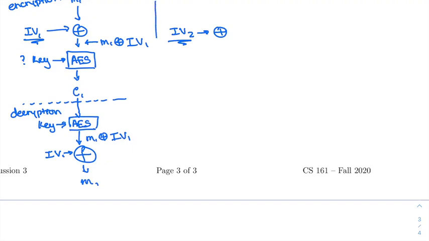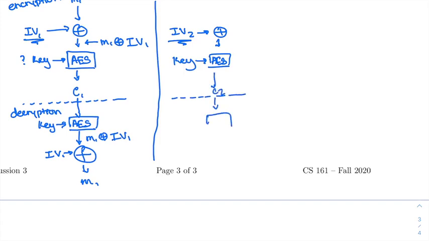Now, we can be really smart here as the attacker. Since I know IV2, and I don't know the key, a lot of this intermediate stuff doesn't matter too much. When we XOR the two together, we'll get some message, right?